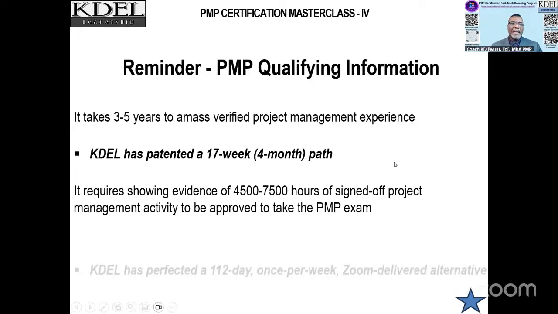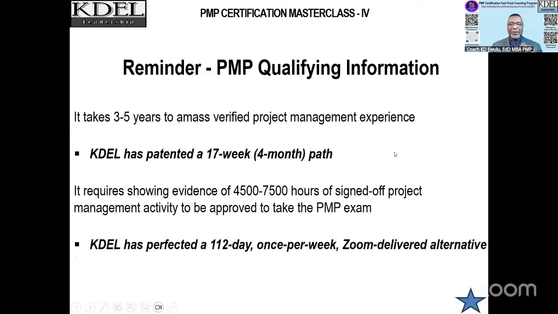Well, the good news is the program we have for you that is starting in a couple of days has perfected a 112-day, once per week Zoom delivered alternative. So in essence, all the stuff that you're supposed to be getting done, 4,500 hours at the minimum, we're going to be able to get you through in 112 days and you'll be ready and certified. Once you sign off that you've taken this course, you're qualified to take the exam. You don't need any other level of experience to get it done.